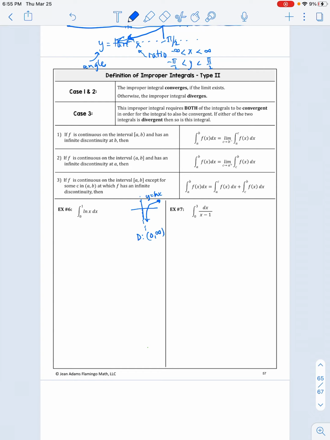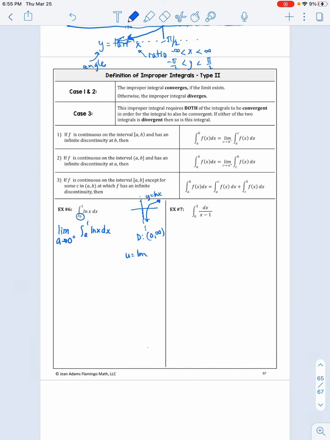It's everything from 0 to infinity, but your value has to be greater than 0. So this is where we're like, danger, danger, we've got to replace that. So we're going to replace this with the limit as a goes to 0 from the right. And then this is going to be the integral from a to 1 of ln x dx.